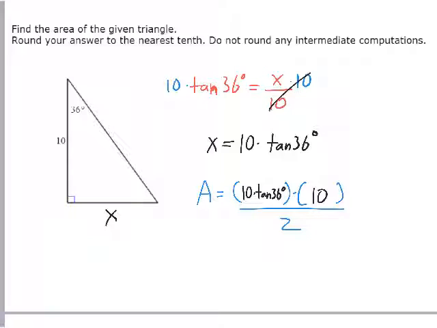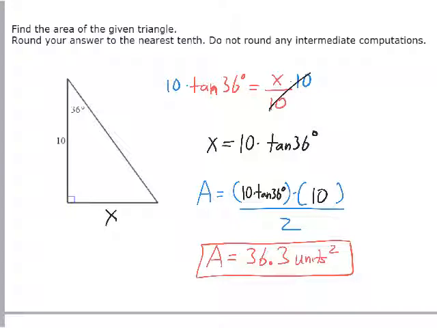Again, we did not want to put the decimal here because that hurts the accuracy, and it said right here to specifically do that. What you're going to end up with for an area is 36.3, and that would be units squared. They might not need units, but that's how you would write it.